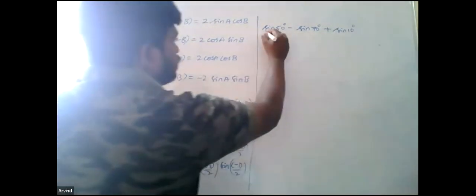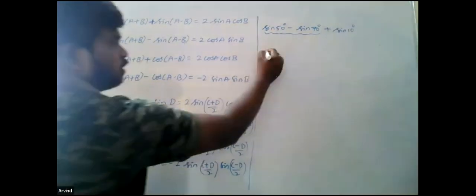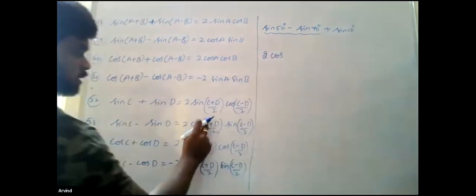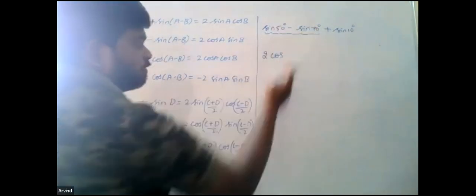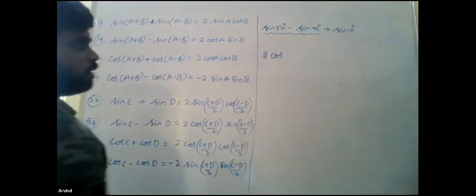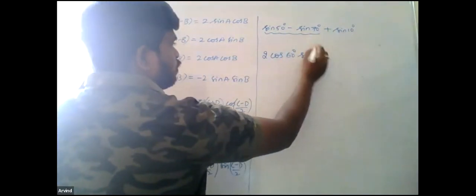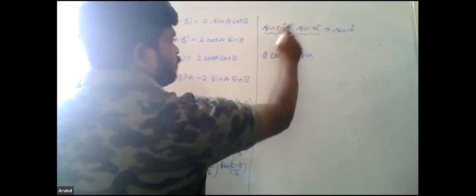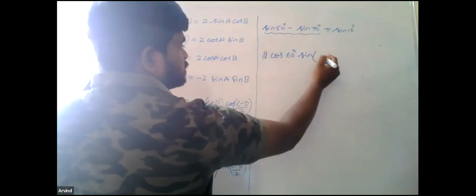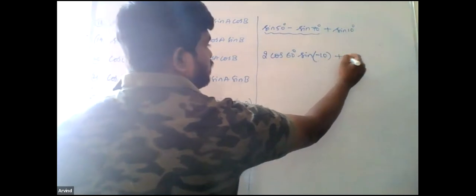That is correct, this is correct. Observe here, let's use this formula for this quantity: sin C minus sin D. What is the formula? 2 cos of C plus D, that is 50 plus 70, 120. 120 by 2 is 60. Into sine of 50 minus 70 is minus 20. Minus 20 by 2 is minus 10, plus sine 10.